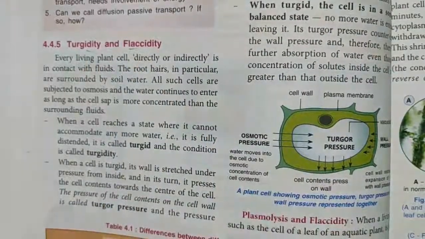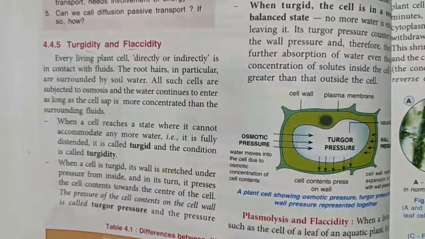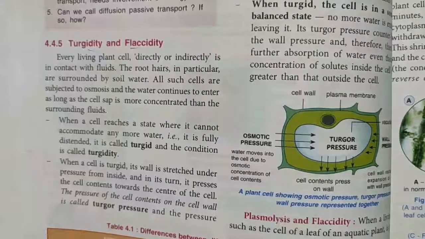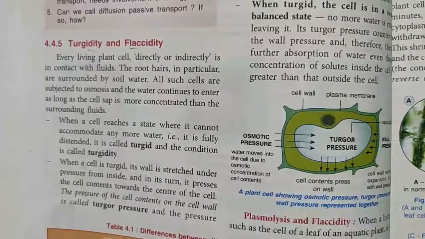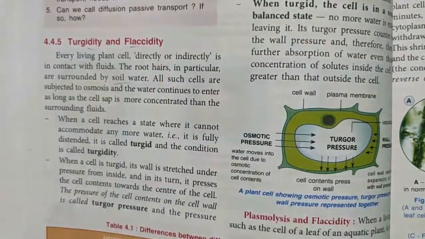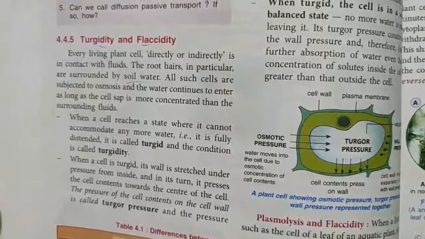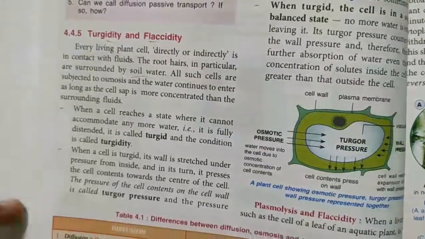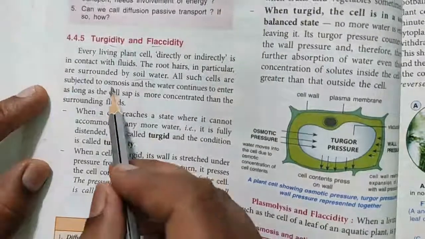You know that every living cell has cell sap, that means a watery liquid part, or the content inside the cell, and root cells in particular are surrounded by soil water. So root cells are always surrounded by soil water, and all such cells are subjected to osmosis.